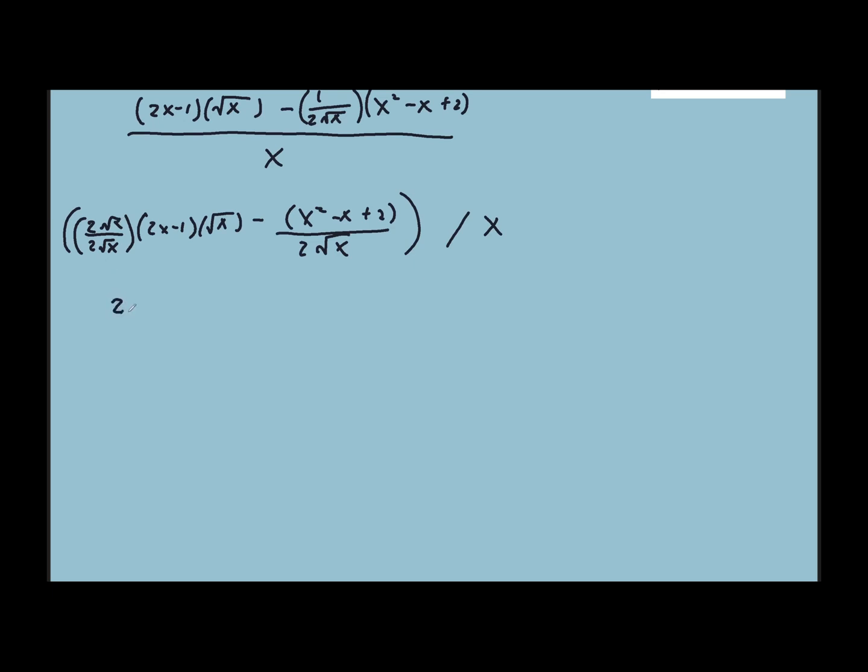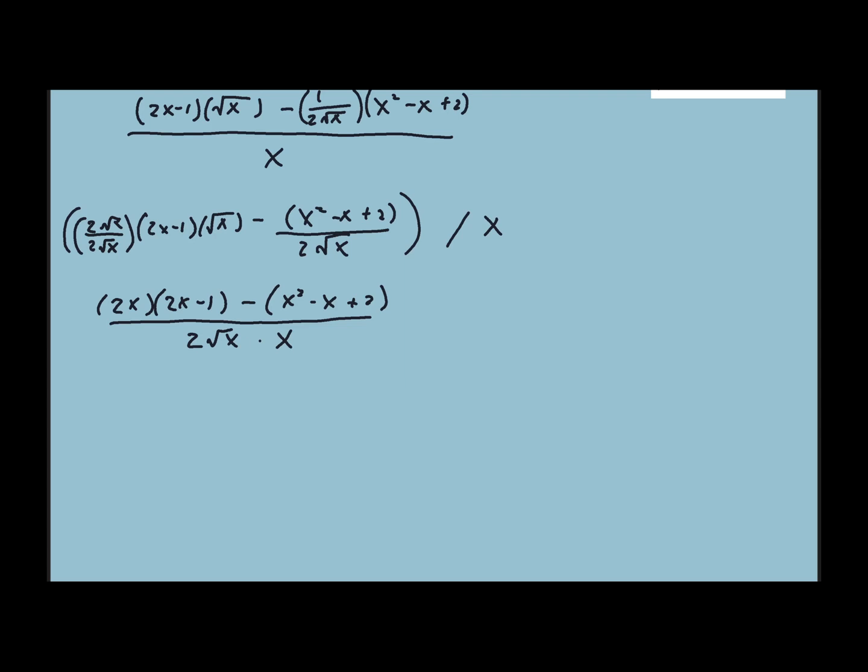This would give us 2x minus 1 minus x squared minus x, sorry about that, plus 2, all over 2 root x. And that's all divided by x, so we can just put another x down here.